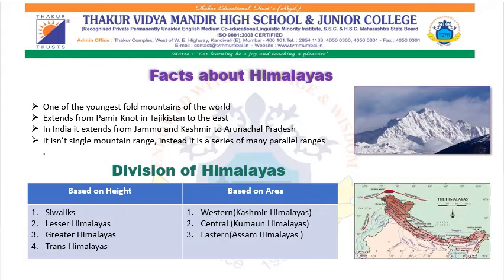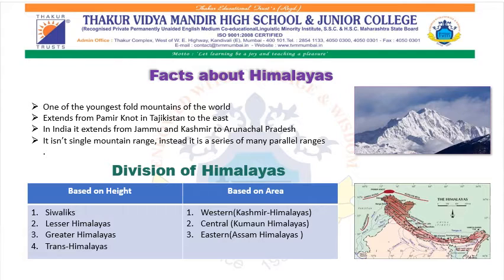The third one is the Greater Himalayas or Himadri, and this range is extending up to 6000 meters, where most of the part of it is covered with snow. The fourth one is the Trans-Himalayan. This extends up to 965 km long and about 40 km wide.